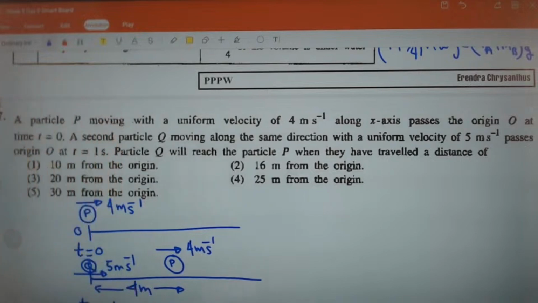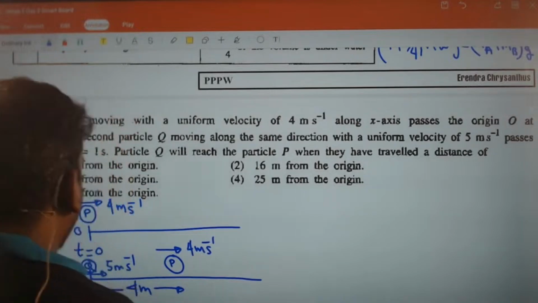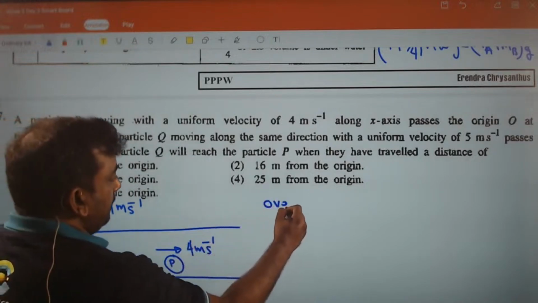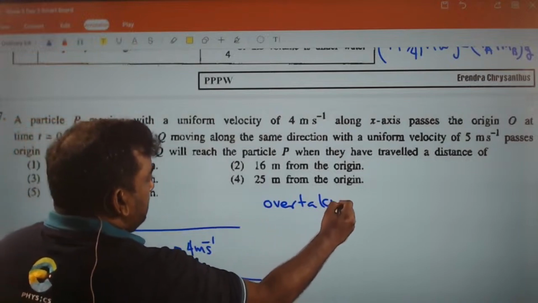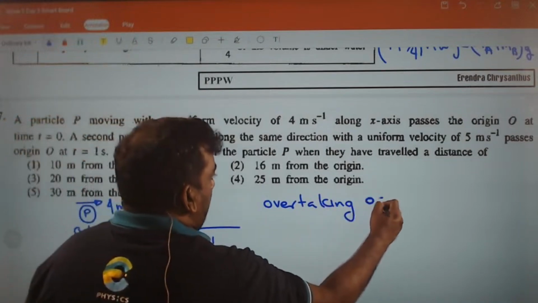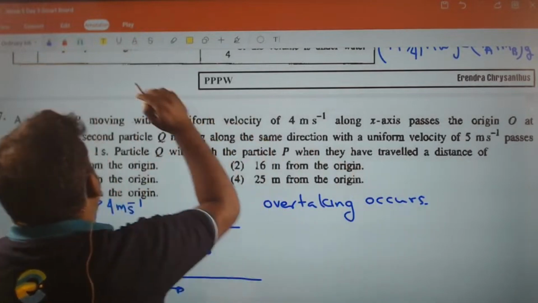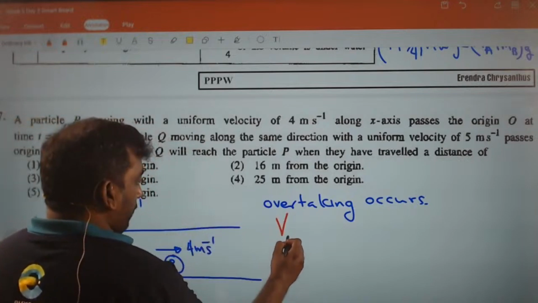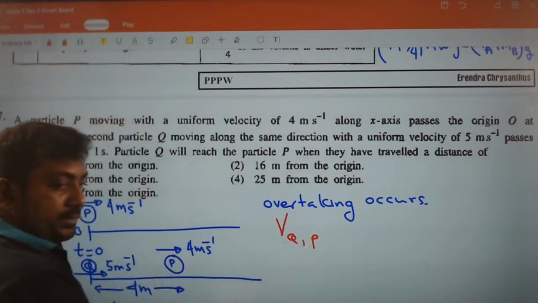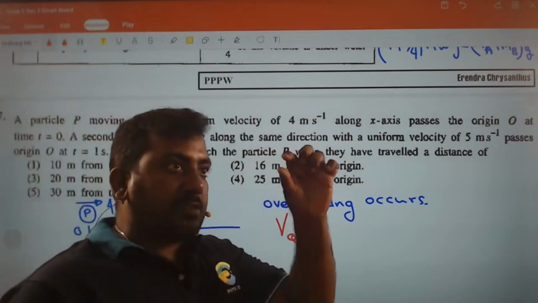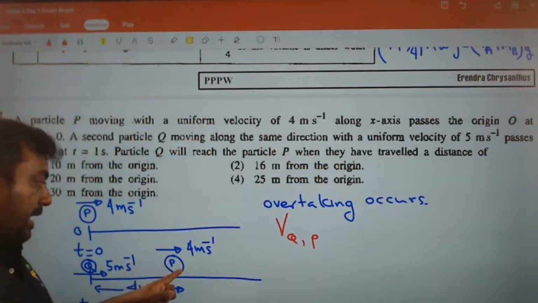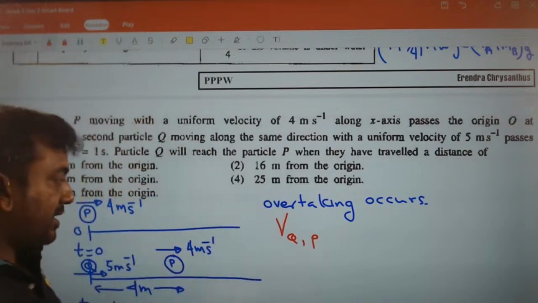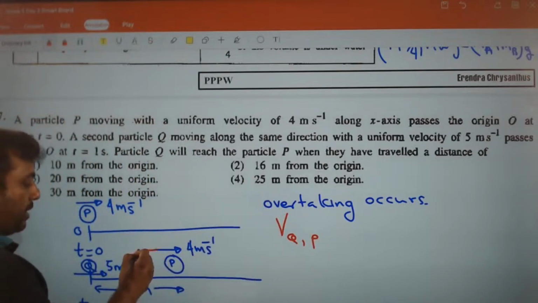Particle Q will reach particle P when they have traveled the distance. Now, when will overtaking take place? Overtaking occurs, so now we can use some relative motion knowledge. What is relative motion? Velocity of Q with respect to P means mathematically we are stopping P. How do you mathematically stop it?